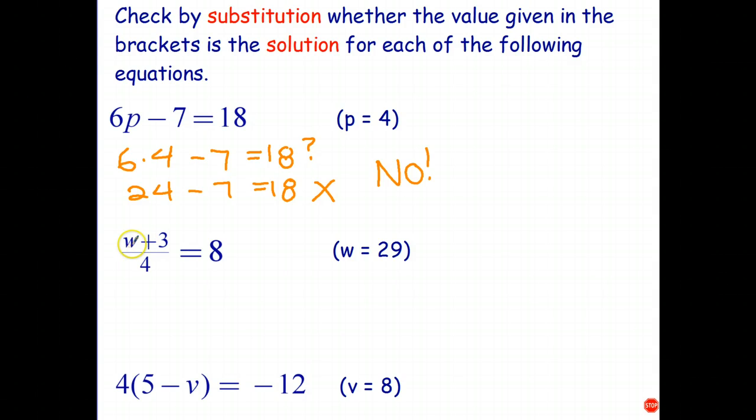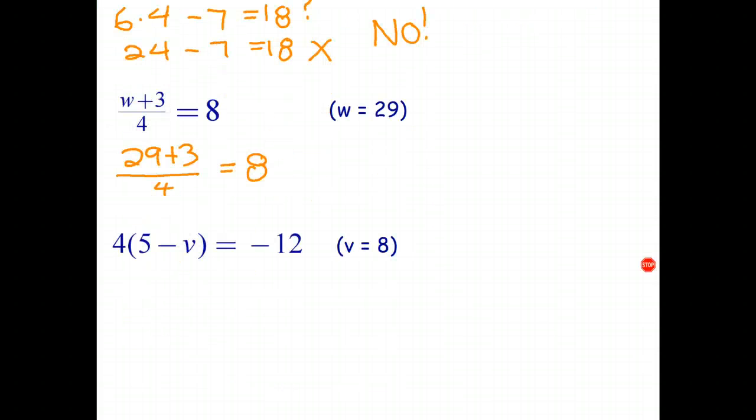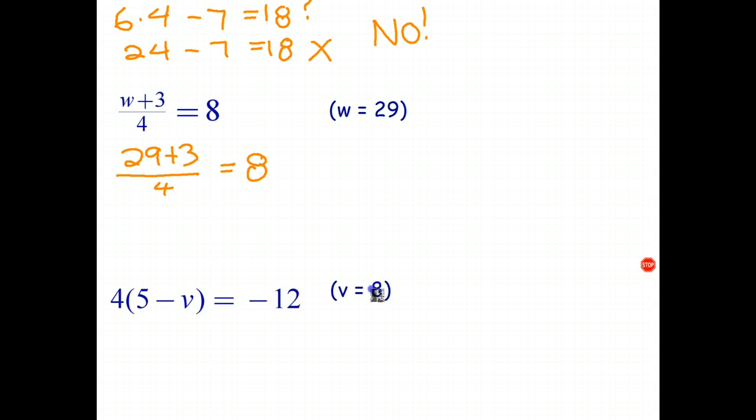Okay, students, let's see how you went. So I've got to replace w with 29. So 29 plus 3 all over 4 equals 8. I better make a bit of space for myself here. So I'll just scroll down and I'll drag this. Get that out of the way.